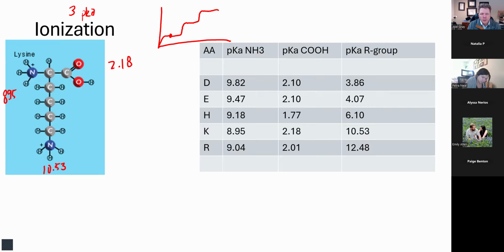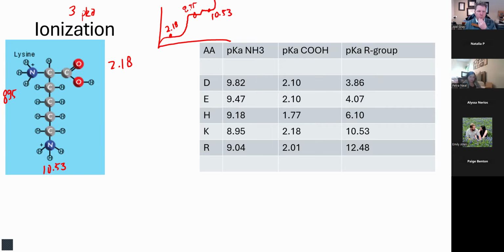Now, scaling of these is something that I'd want you to be able to critically look at on an exam, in a titration curve, and tell me whether or not it is a valid titration curve. These numbers are the pKa values for all these different ionizable groups. So we've got 2.18, we've got 8.95, and then last but not least, we have 10.53.